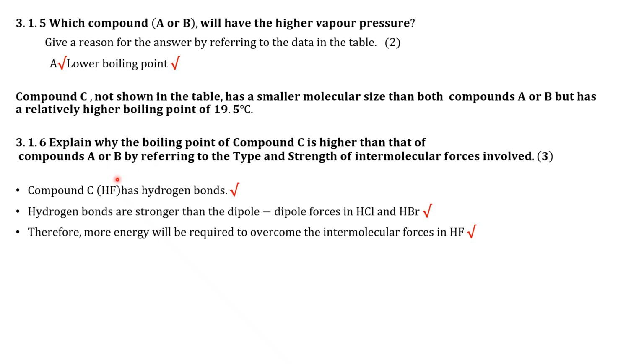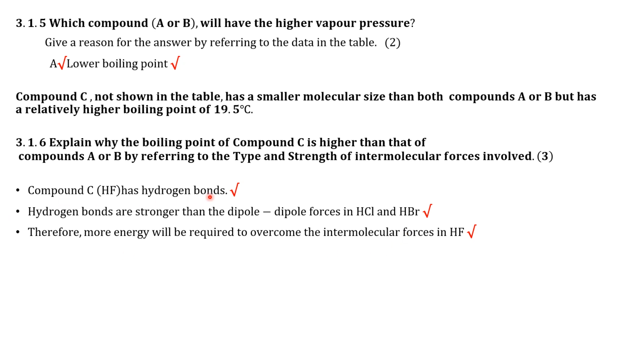When fluorine, oxygen or nitrogen combines with hydrogen, we have a hydrogen bond. Hydrogen bonds are stronger than the dipole-dipole forces in A and B, right? And because more energy is needed to break a hydrogen bond, the boiling point increases because the intermolecular forces are stronger. Does that make sense?